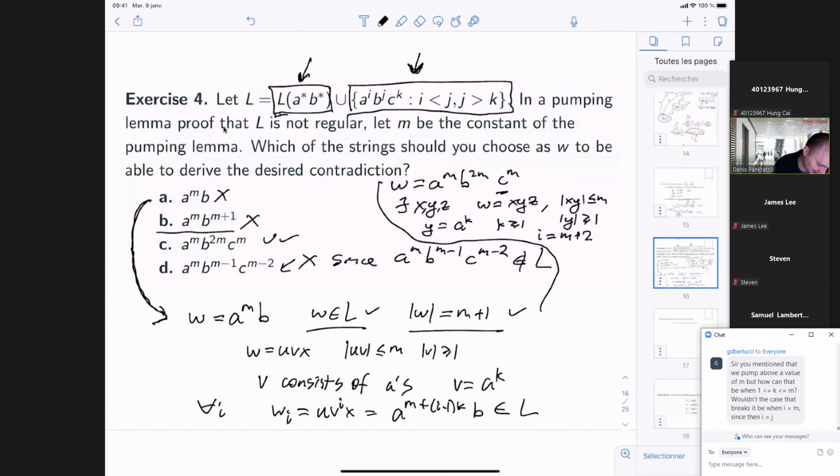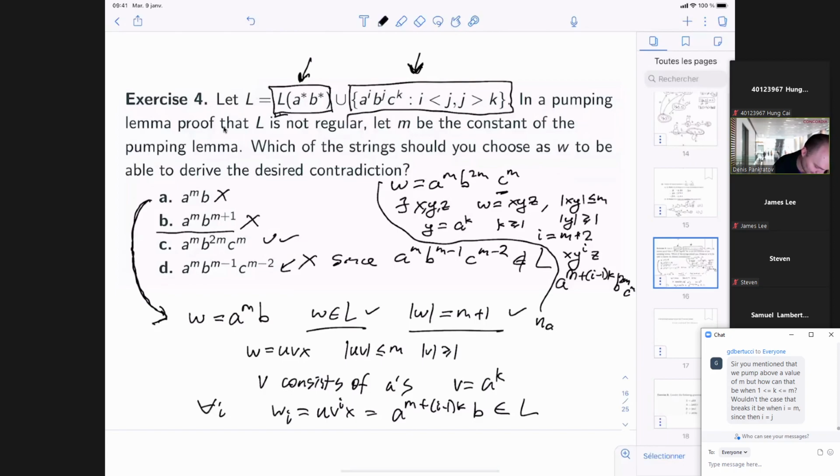What happens then? You take the string X, Y to the power I, Z, and that looks like this: A to the power M plus (I minus 1) times K, B to the power 2M, C to the power M, right? Yes. K is at least 1.